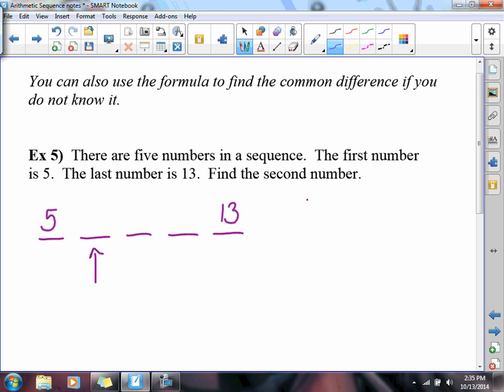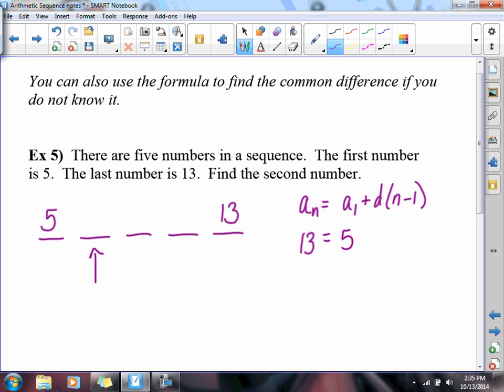Okay, now if I have my equation, it's a sub n equals a sub 1 plus the difference times n minus 1. Now I know my first term is 5, and I know my nth term, the last term that they gave me, is going to be my nth term, that's 13.